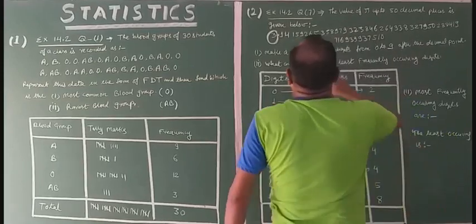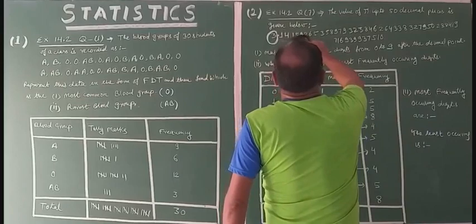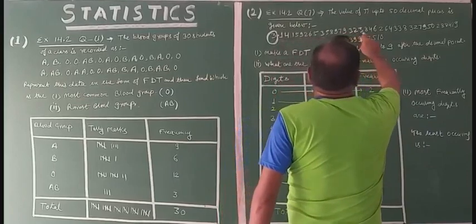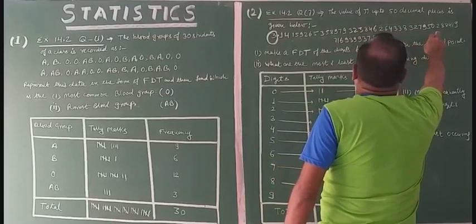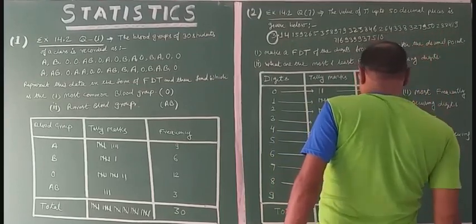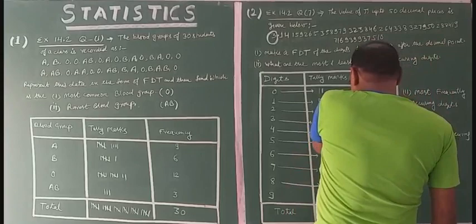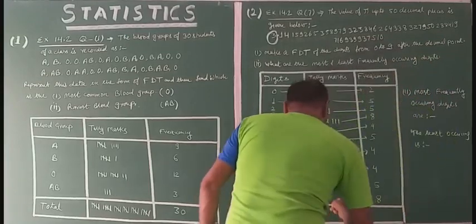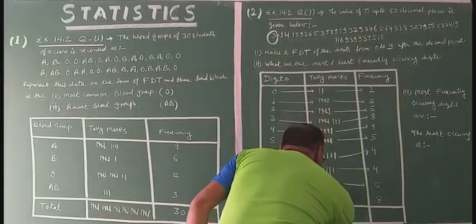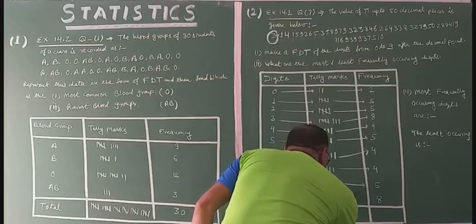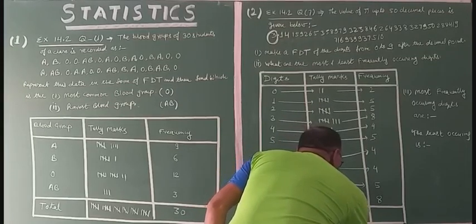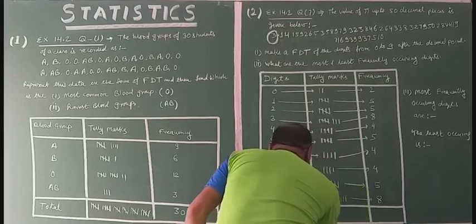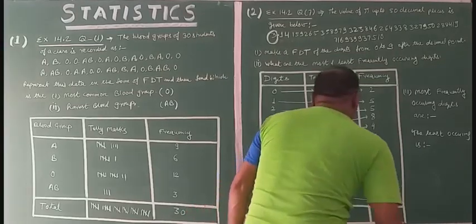We will count again. 1, 2, 3, 4, 5, 6, 7 and 8 times it is. How many times? 1, 2, 3, 4, 5, 6, 7, 8. So these are the numbers there.